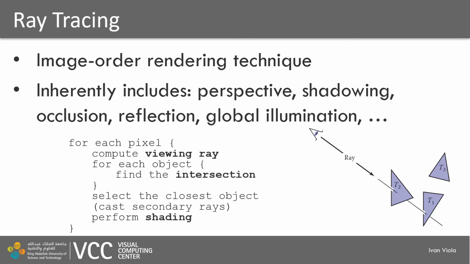Ray tracing as a rendering technique is conceptually very simple, and it's a so-called image order technique as opposed to object order techniques, which would first iterate over the objects.